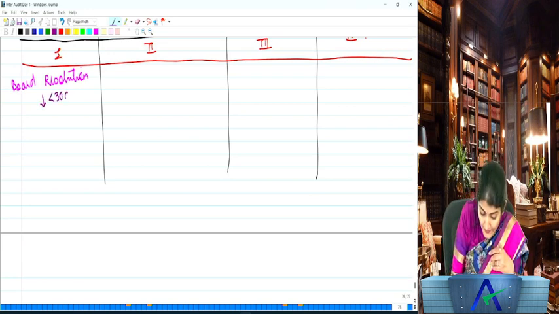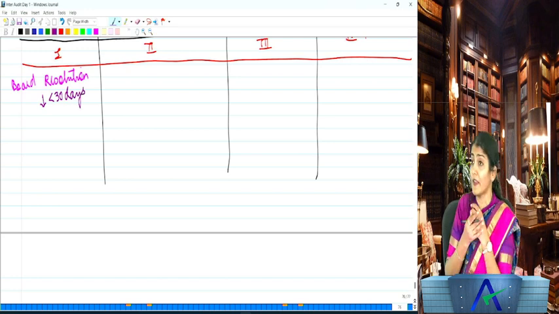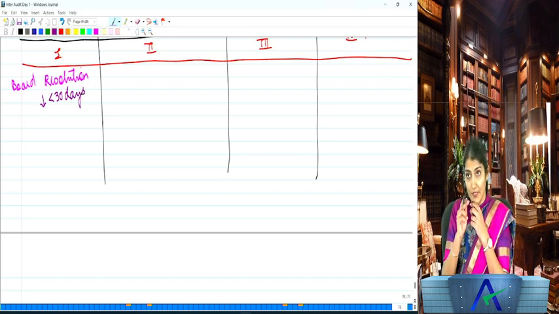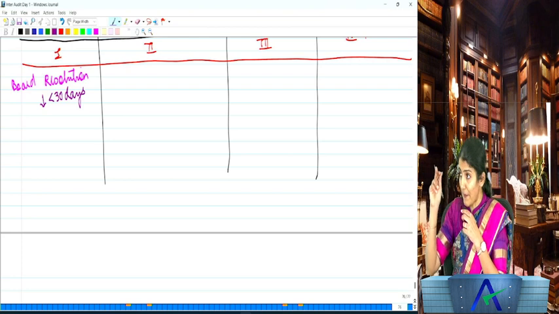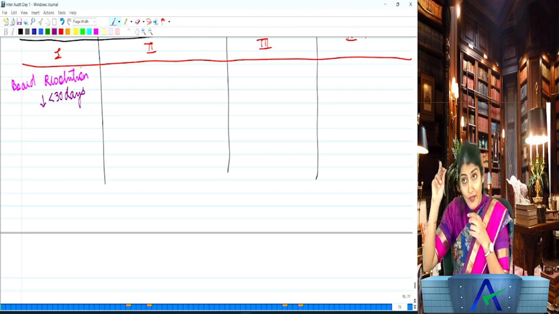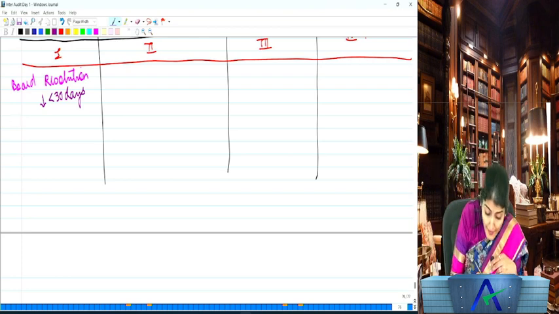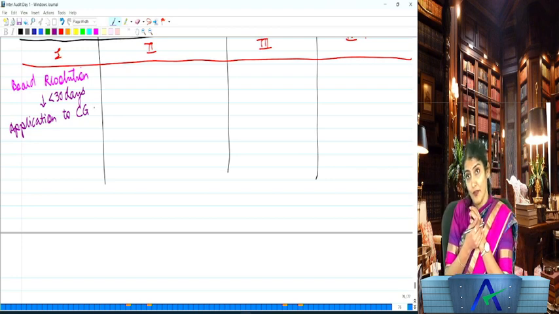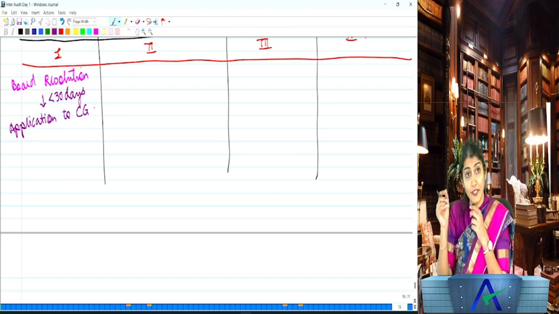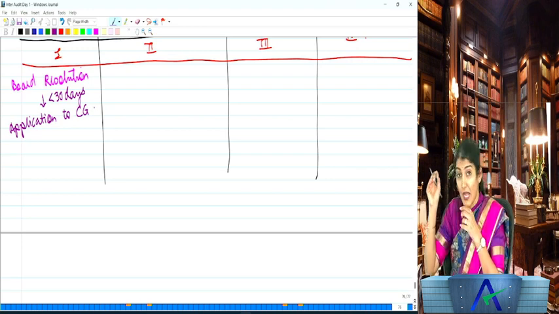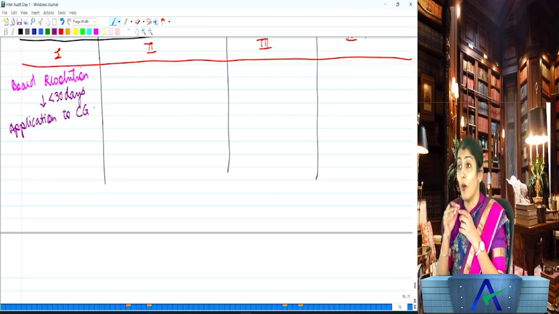Within 30 days of the passing of the board resolution, you make an application to the central government. You need to make an application to the CG. CG, central government.